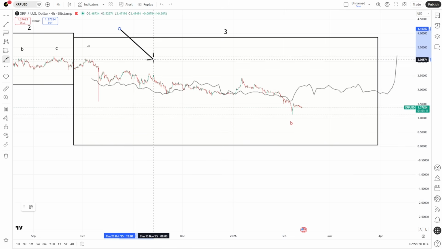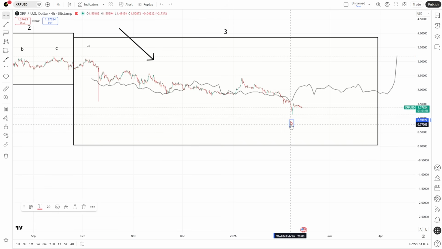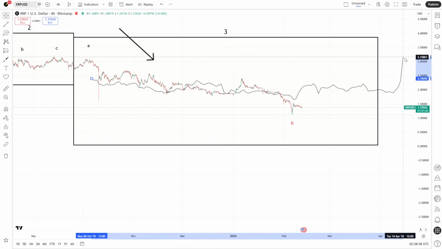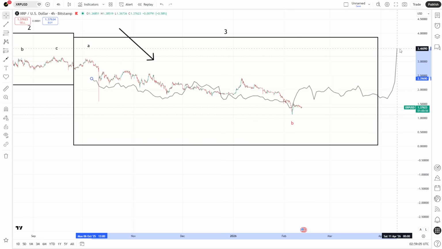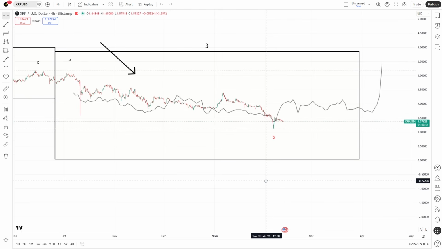So here is that fractal. Now, again, I'm making assumptions that this is the low right here. It very well could not be the low. And if that's the case, maybe it's playing out on a larger time frame or scale, something like this. We'll have to see. Time will tell. But as you can see, there are similarities to today's chart.